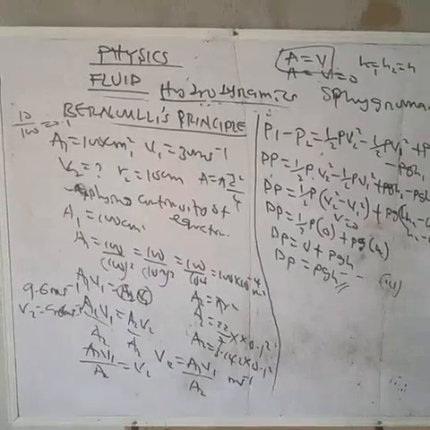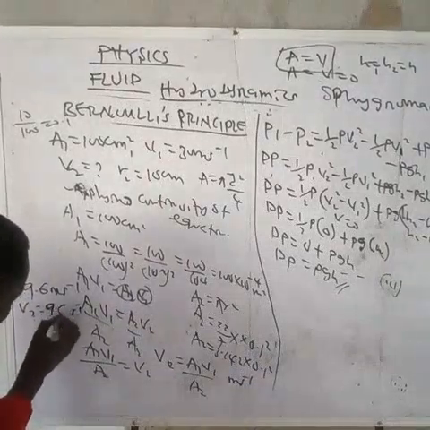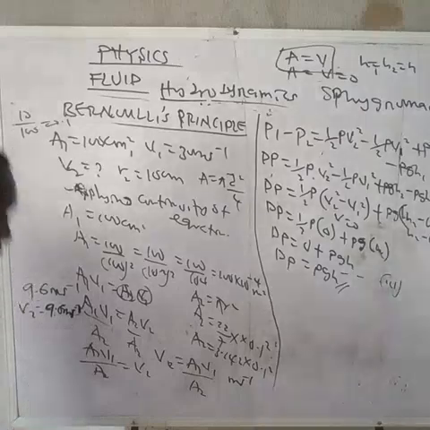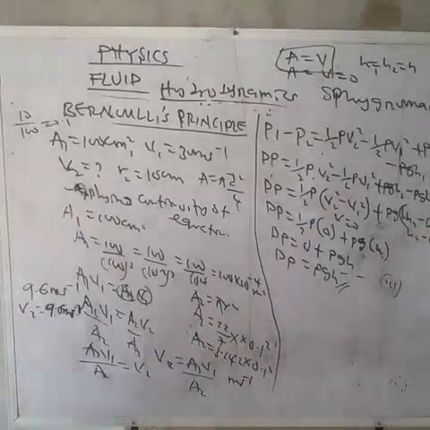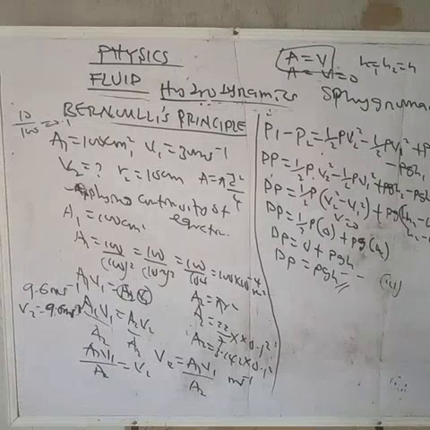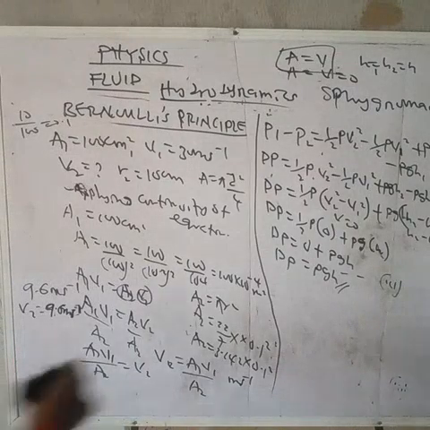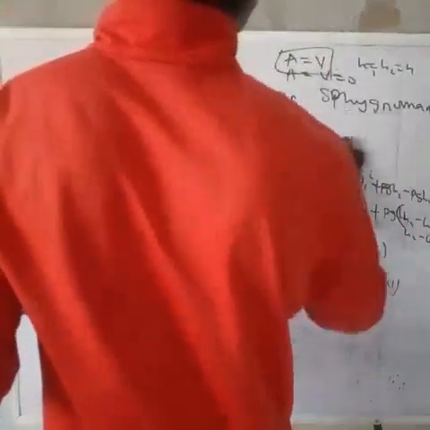So that's question number 1. V2 is equal to 9.6 meters per second. Then the next question I want us to take, before I give you a round of the class, is on Bernoulli's principle. Don't forget that I've given the applications, and I mentioned the sphygmomanometer.